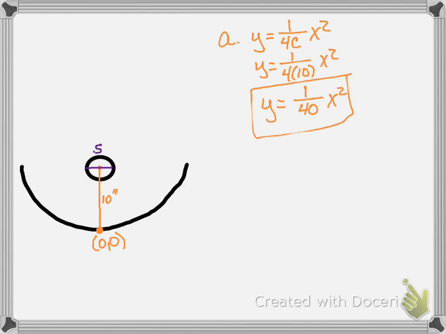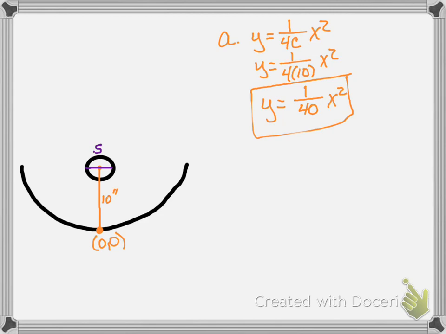All right, next. This is where we've got to set things up. Okay, it says that the amount of light is proportionate to the diameters of the pipe and the reflector.